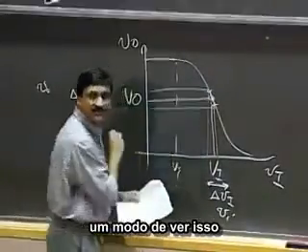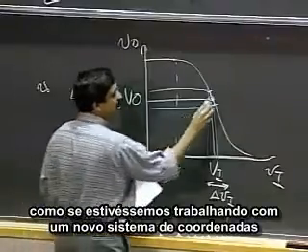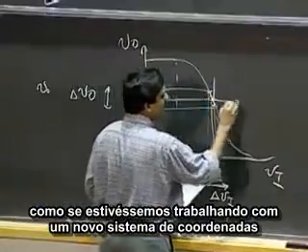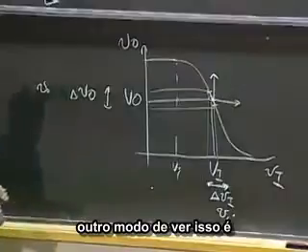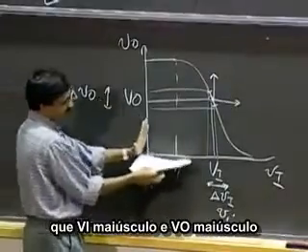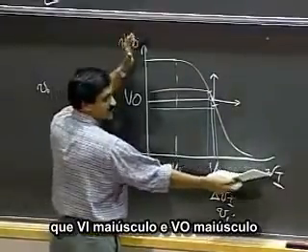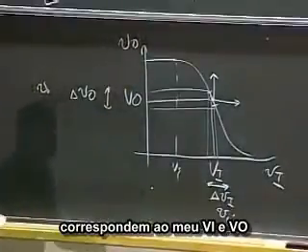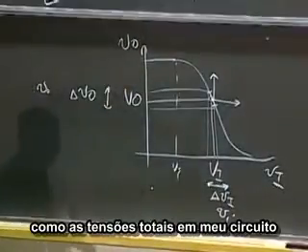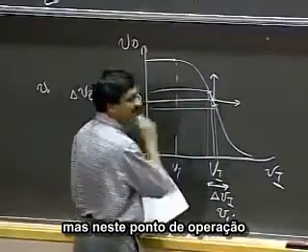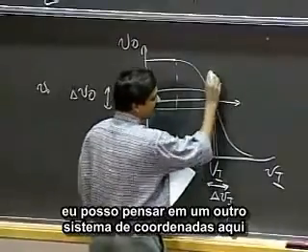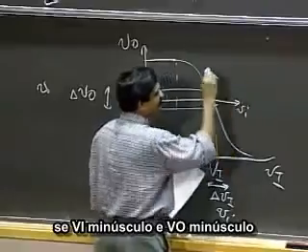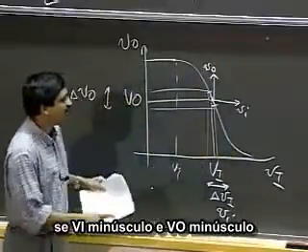So one way to view this is as if we are working with a new coordinate system. Another way to view this is that capital VI and capital VO correspond to the total voltages in my circuit. But at this bias point, I can think of another coordinate system here with small vi and small vo out there.